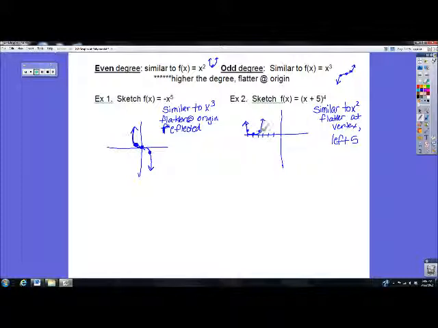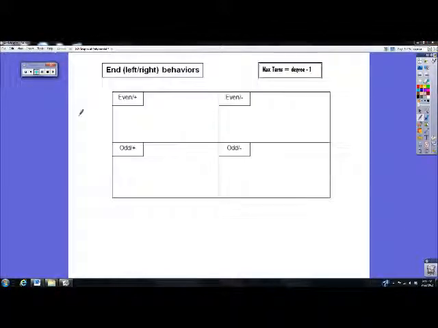Okay, similar to x squared, flatter at the vertex, left 5. So that's how you do monomial functions, monomial polynomials, single degrees.